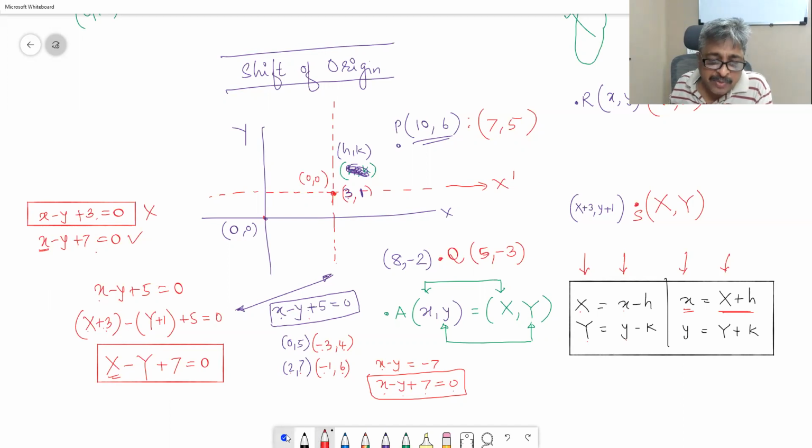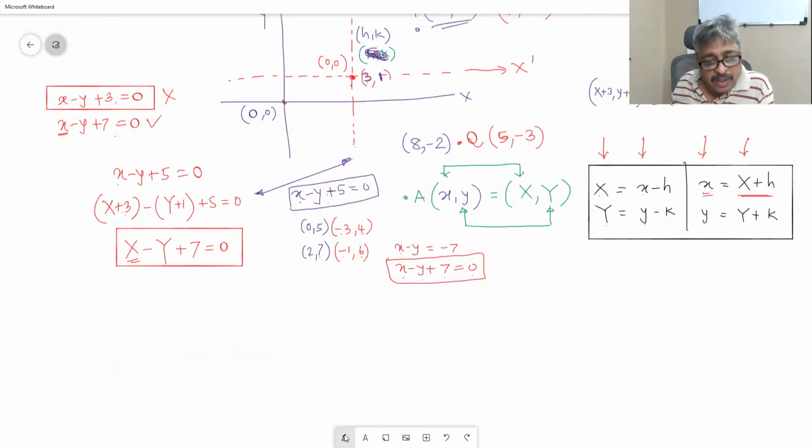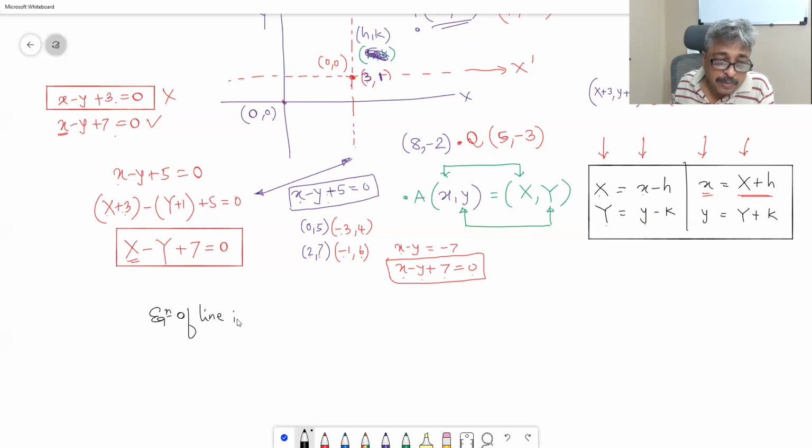Now, if I change this question and ask you, the equation of line in a new system is 5x plus 2y minus 3 is equal to 0.